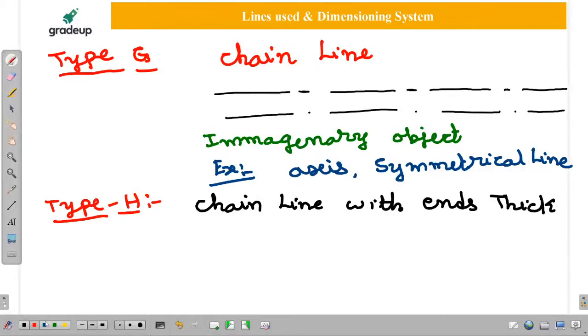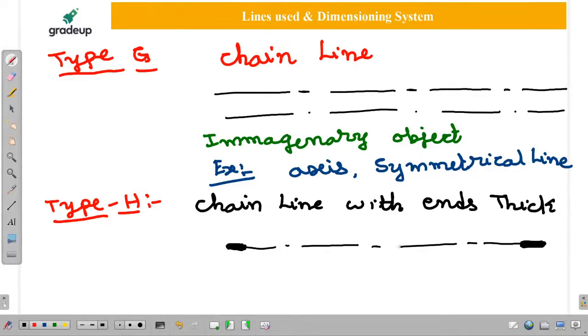Straight line, hyphen, straight line, hyphen, like this. But the ends are going to be thick. Remember, in the majority of the textbooks, they make it like this.